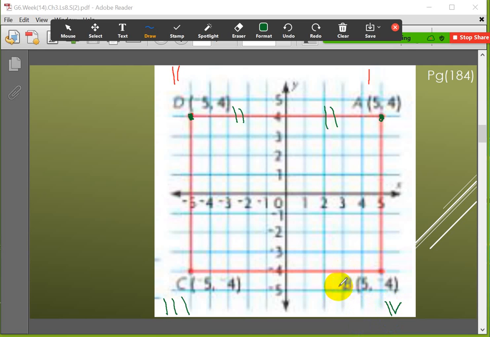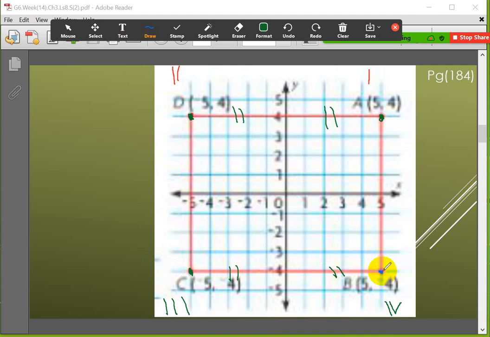look at B and C also. B and C also have the same distance from the y-axis. This distance for B from the y-axis equals the same distance from C to the y-axis. Also, C and B are reflections, okay?